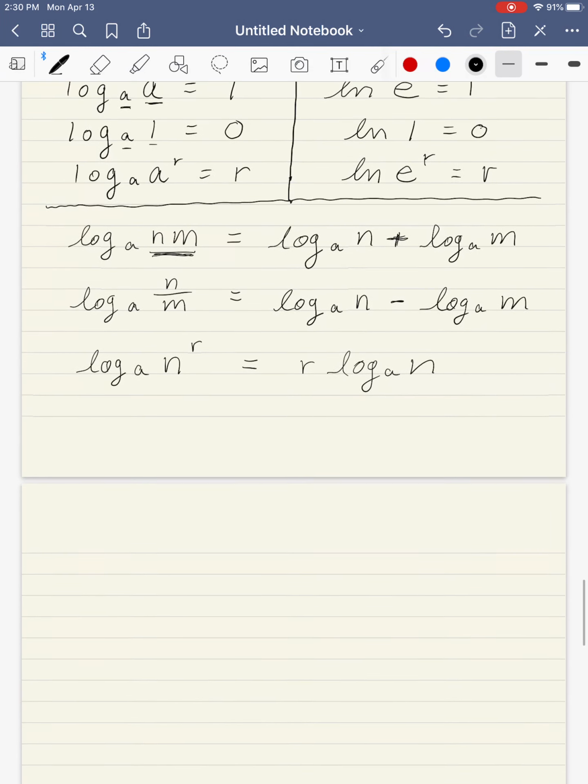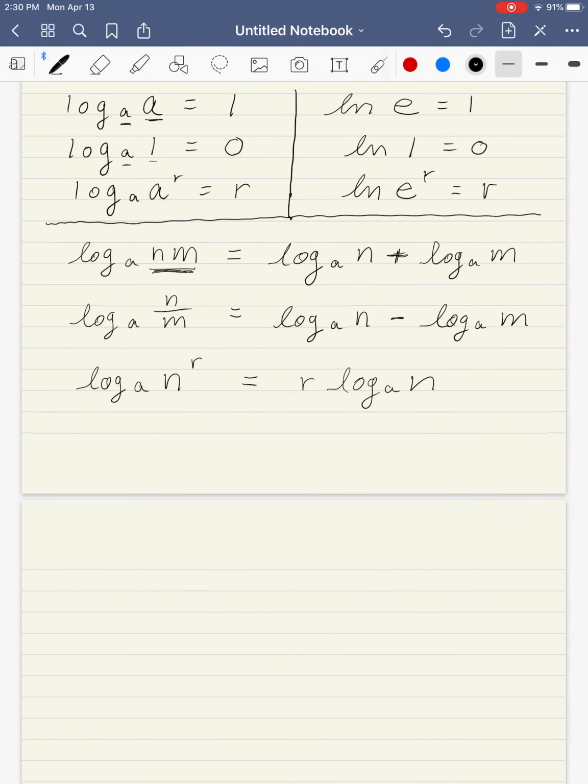Before we do that, I want to do some examples with some numbers to help you understand what these principles look like with numbers. So for instance, let's say that I have the logarithm base 3 of 3. Because my base and my argument are exactly the same thing, I'm saying 3 to what power equals 3?